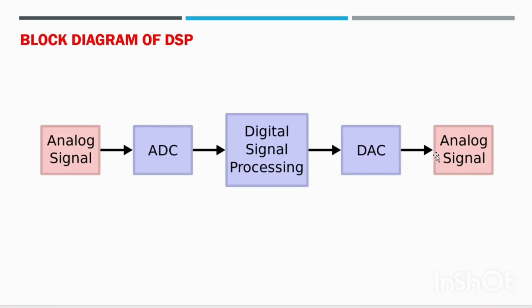Finally we get the output signal, which is analog and usually cleaner, sharper, or more useful than the original one. There is a major difference between the input analog signal and the output analog signal. This output analog signal can be used for your desired works as it has undergone digital signal processing.